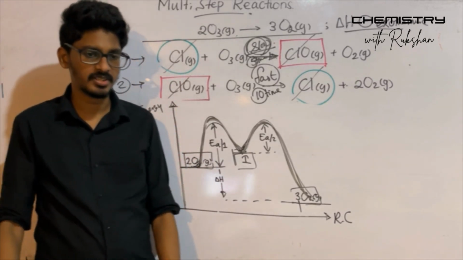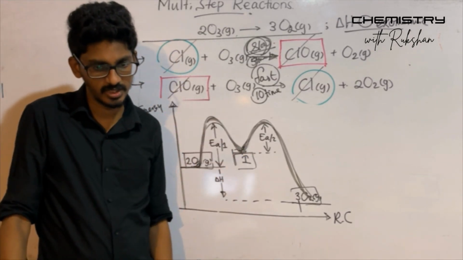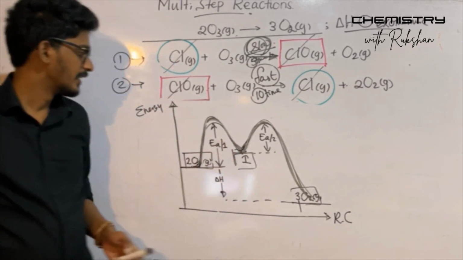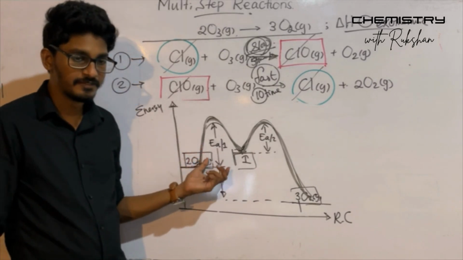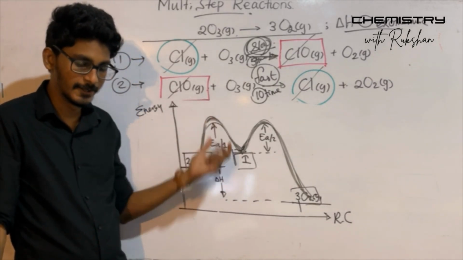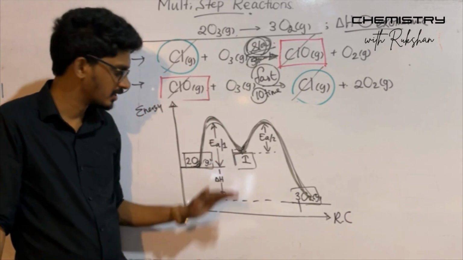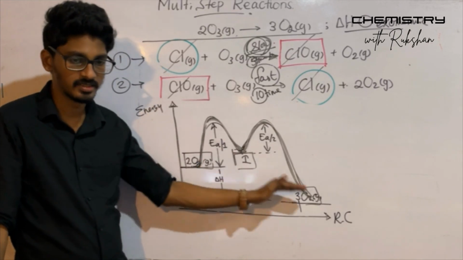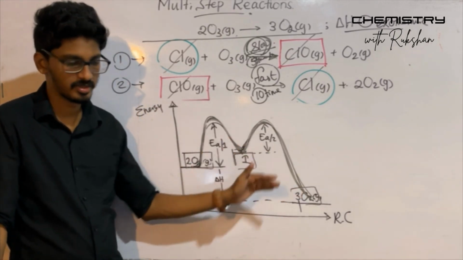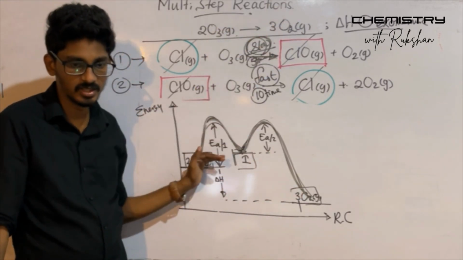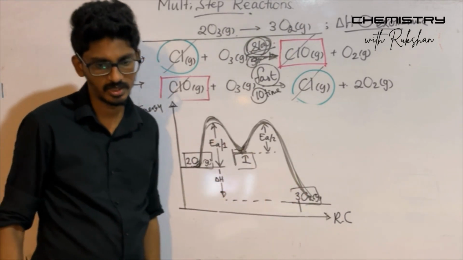In a multi-step reaction and an energy profile of that, if you consider this kind of energy profile, the first step is considered as the slow step or the rate determining step, and the total thing is kind of an exothermic process. The reaction is an exothermic process according to this profile, right?